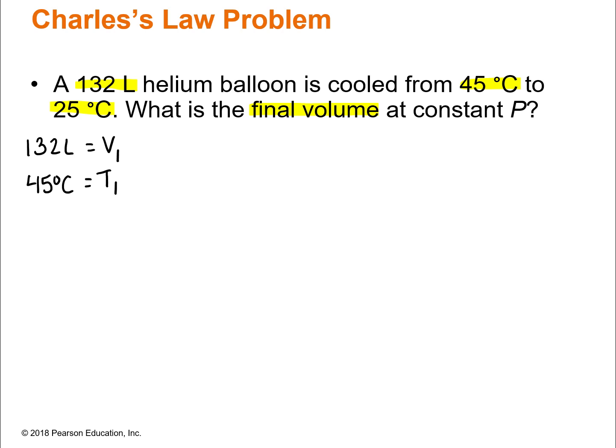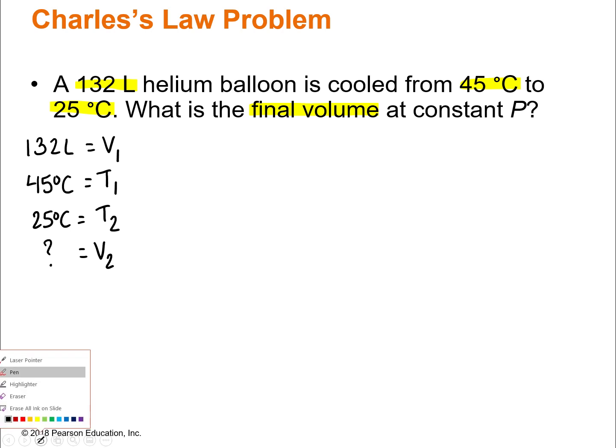It's cooled down to 25 degrees Celsius. That must be our final temperature. And we're asked what the final volume is. Whenever you have temperatures and volumes as given information, you have to use Charles's law.